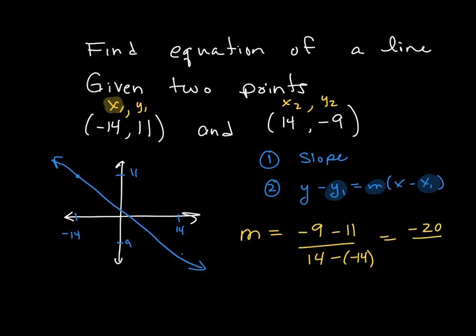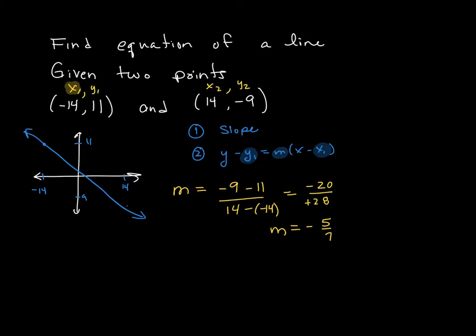Down here, when I subtract a negative 14, I end up adding that, so that's going to give me a positive 28. I do need to reduce this fraction, so that becomes a negative 5 over 7. So that is my slope. That's the first step.